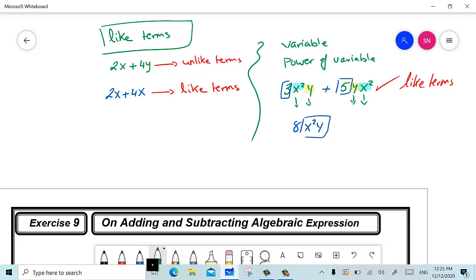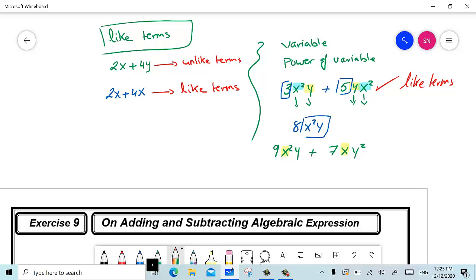What about, for example, if I told you that I want to add 9x squared y plus 7xy squared? Can I perform addition of those two terms? Let's have a look at the variables. I have here a variable of x, and I have here also a variable of x.